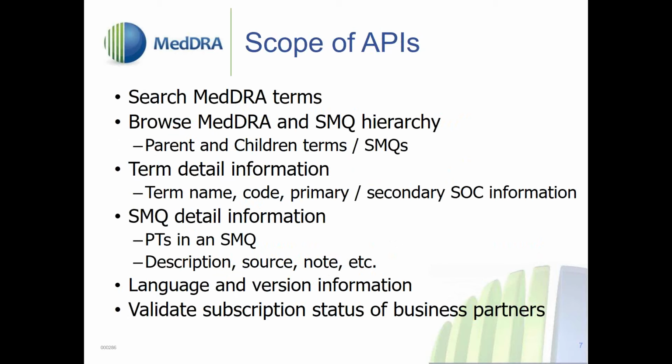As everybody knows, if you want to exchange MedDRA data with your business partners, whether that's a pharmaceutical company to a CRO, or you're providing some kind of tool to your clients, all of the individuals or organizations that are accessing MedDRA data need to have a subscription. And there's an API to help you validate the subscription status of your business partners.